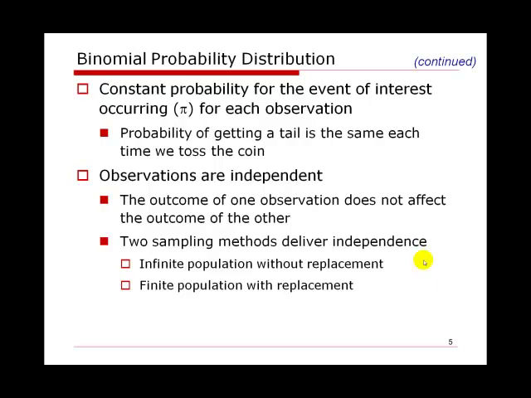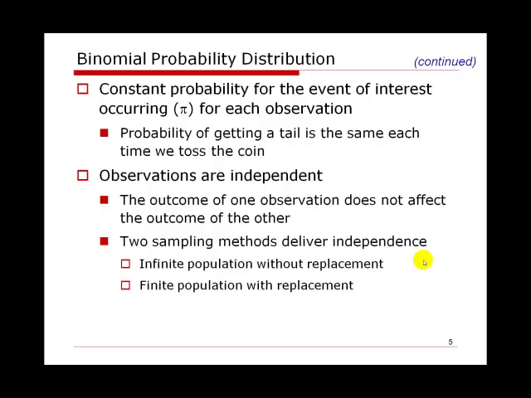Which means if I tossed a coin and got a head, this outcome from the first time I tossed the coin will not affect the outcome from tossing a coin when I do it one more time. So this is the requirement that observations are independent.